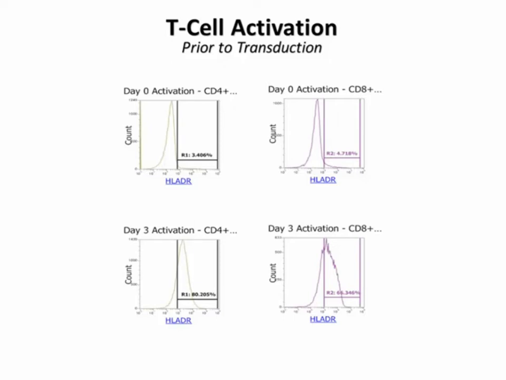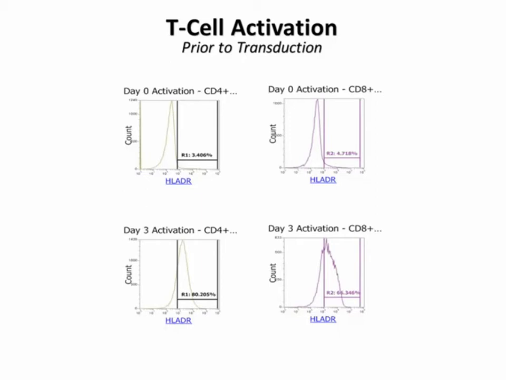And when we incubate the lymphocytes in this cocktail for at least 72 hours, we see that a lot of things are going on. At the top, we can show the activation at day 0. In this case, we're looking for HLA-DR, and we can see at day 0, there's not much HLA-DR expression. And after the 3 days of activation, you can see that the activation markers have really gone up.